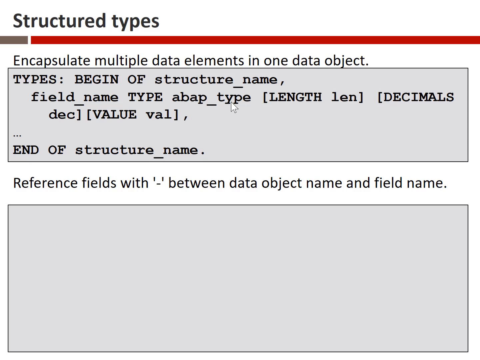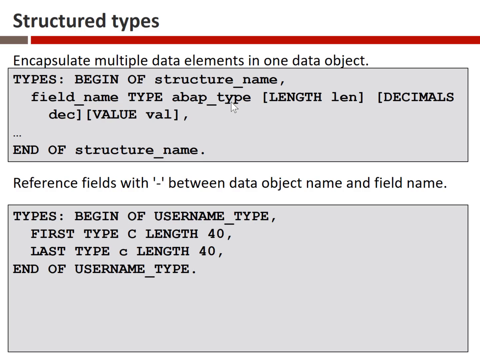I would identify those fields as uinfo dash first name, uinfo dash last name, uinfo dash address, whatever have you, the name of the data object dash the name of the field. And of course, if I created a user info type, I could have any number of data objects that are all independent of one another that are based on that type declaration. So let's look at an example.